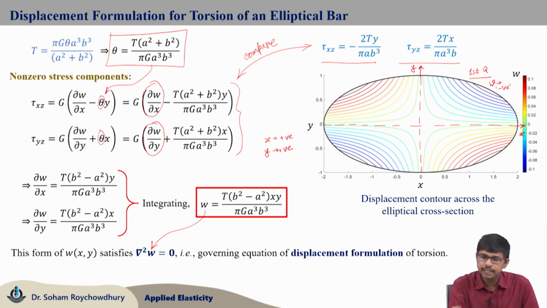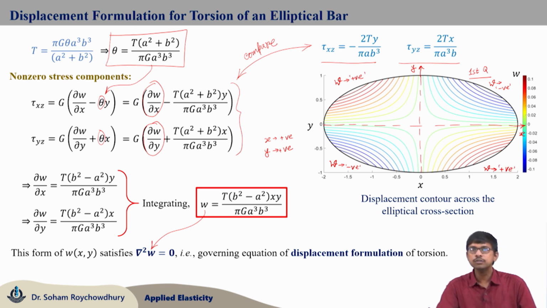Similarly, if you keep on checking, w is positive in the second quadrant, w is negative in the third quadrant, and w is once again positive in the fourth quadrant. So, in the first quadrant the cross section is going inside, then in the second quadrant it is coming out, the third quadrant is going inside similar to the first quadrant, and the fourth quadrant is once again coming out similar to the second quadrant.